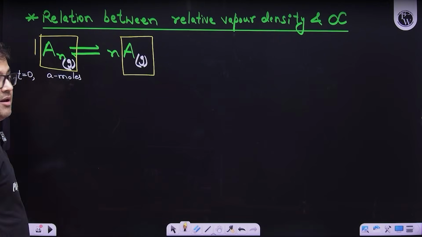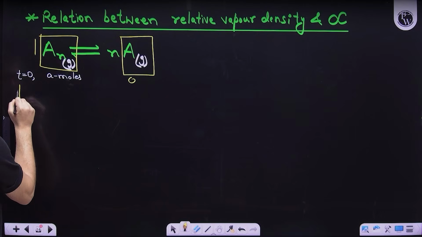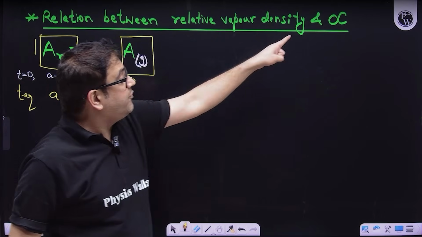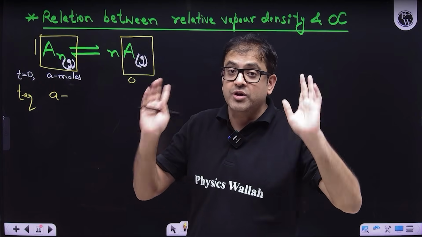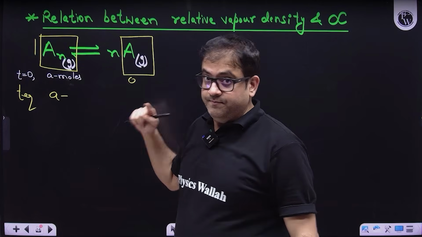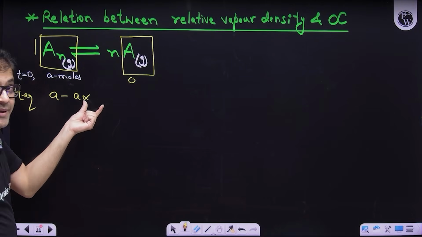So initially, if A moles I have taken, initially it will not be present. Do the stoichiometry. When equilibrium is reached, I have to define a relationship with alpha. Therefore, I'm not using X, I'm using alpha. How do you use alpha? Sir, A times alpha. So A times alpha will be getting decomposed.